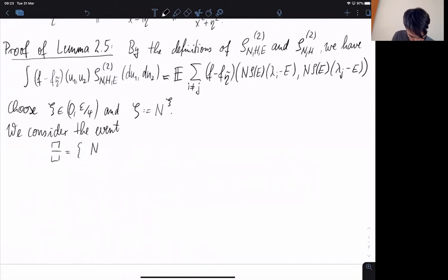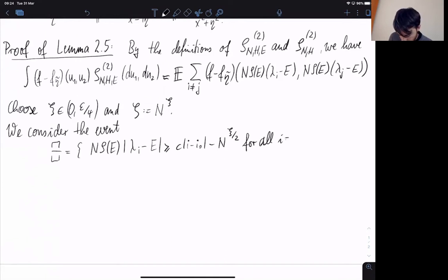Namely, the event where all eigenvalues, if I shift them around E, or center them around E, and then rescale with the typical eigenvalue spacing, should be bounded by I minus I0 up to some error term for all I running from 1 up to n.